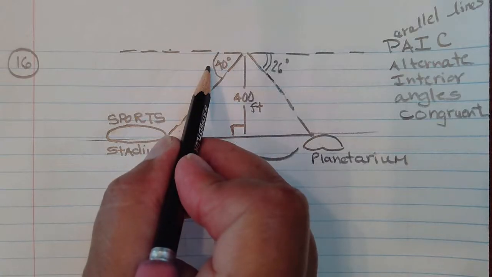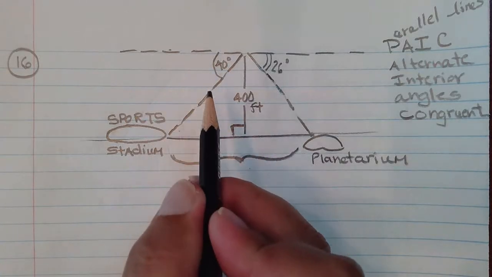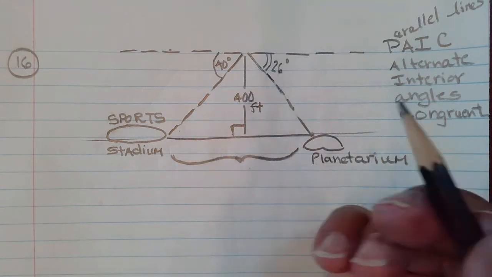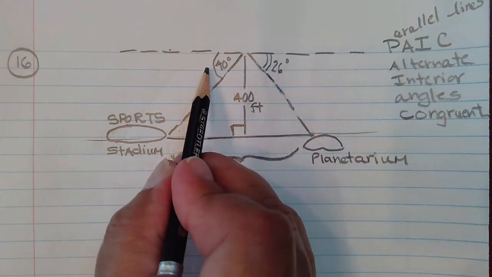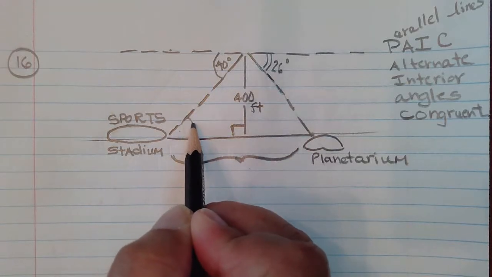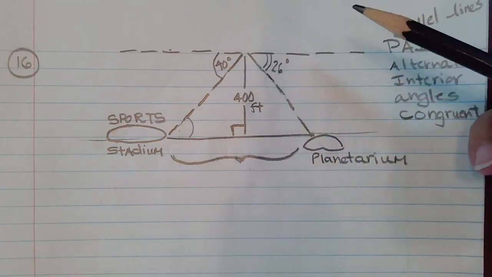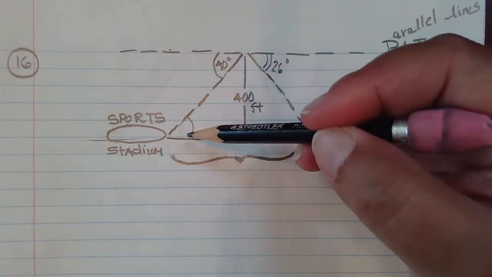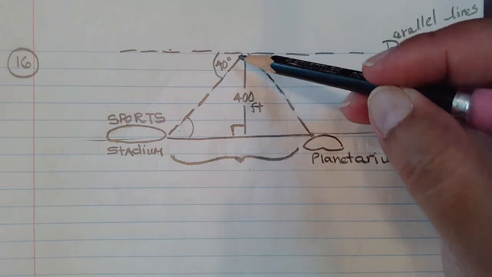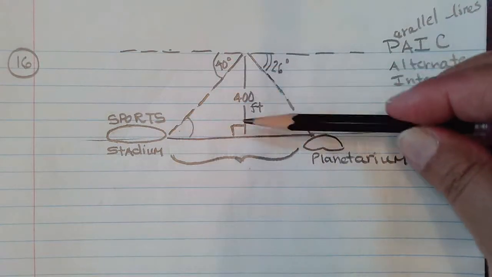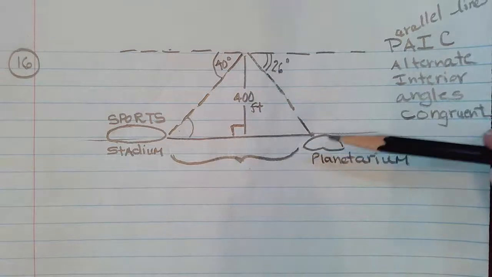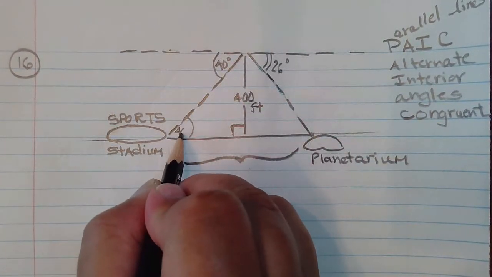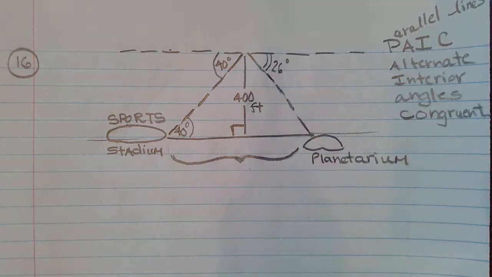On one side of that transversal, you have a 40, and on the alternate side, in other words, the opposite side, this is above the transversal, and then this would be below. These are also called interior angles, which is why they're called alternate interior, because not only are they on alternate sides of the transversal, but they are both on the inside, sandwiched in between the two parallel lines. So if that's 40, this is 40.